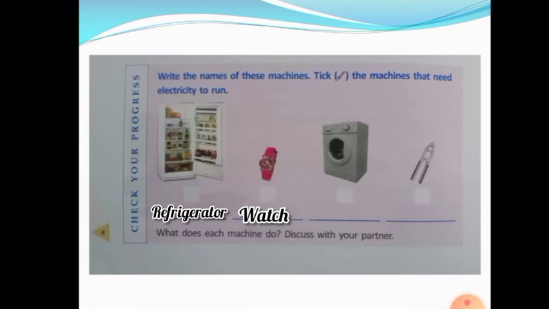What's the third machine name? Washing machine. What's the spelling of the washing machine? W A S H I N G. Washing machine.